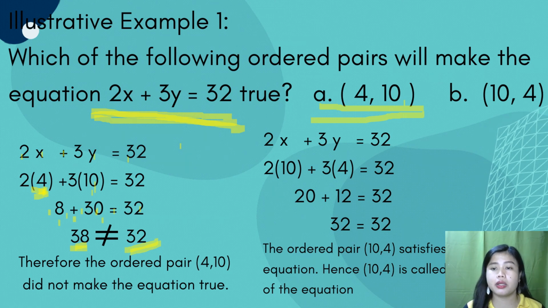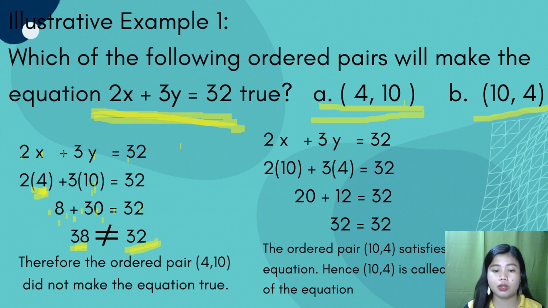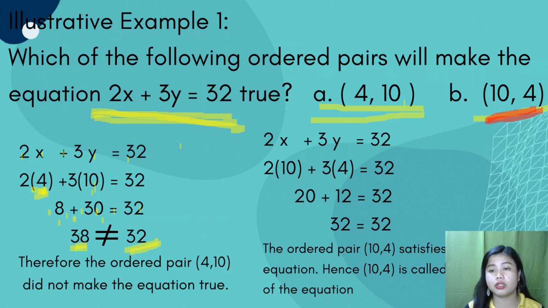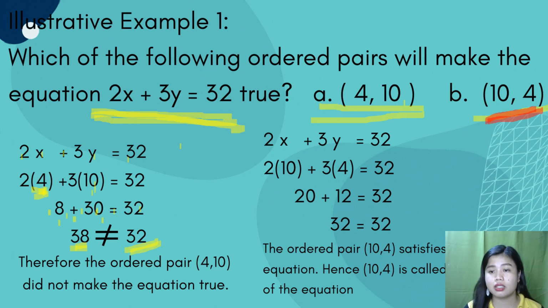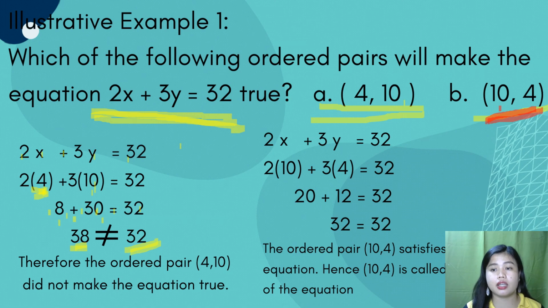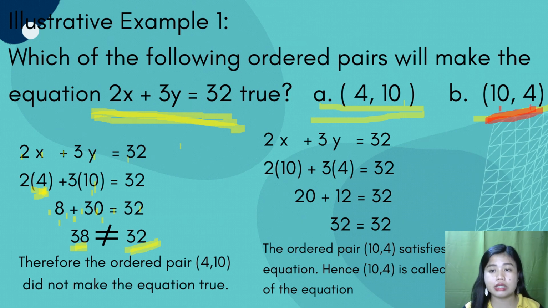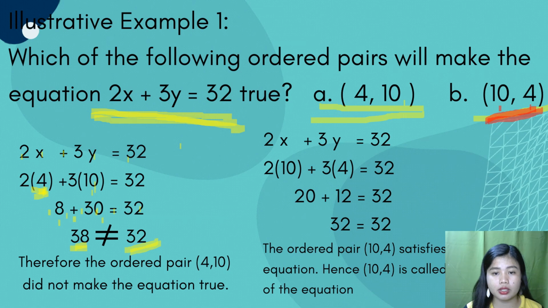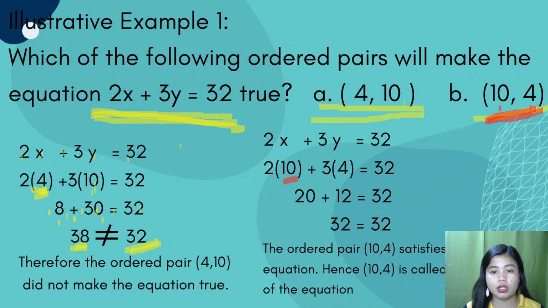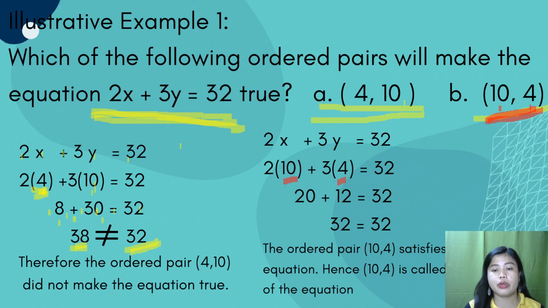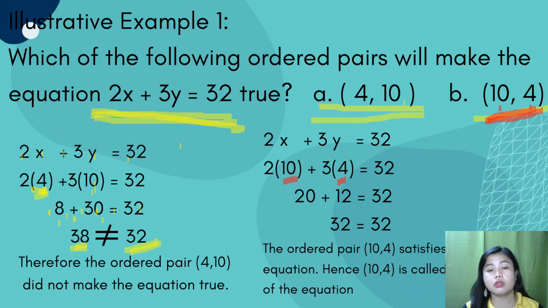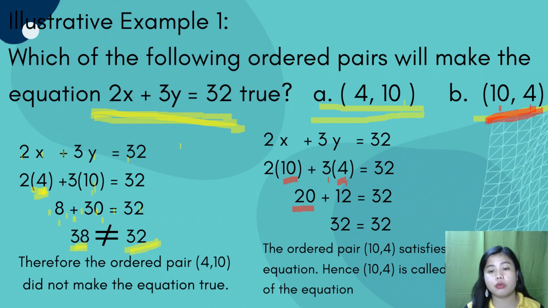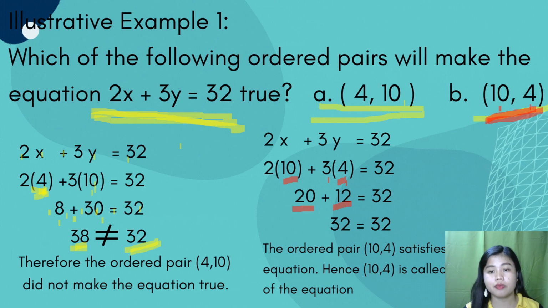Next, let's try letter B. (10, 4). So what is the value of our x? Our x is 10, and our y is 4. We will substitute. 2 times 10 is 20. 3 times 4 is 12.